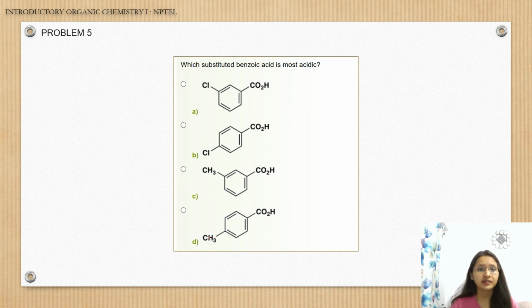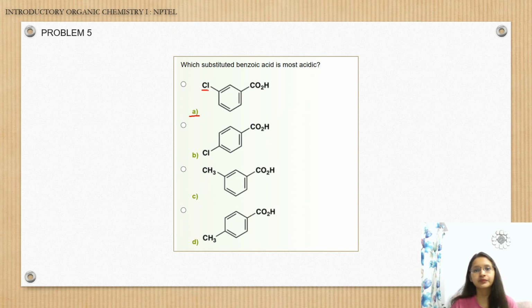So here, if you see all the four benzoic acids, we are examining each benzoic acid one by one to judge the acidity. Okay. So here, in the case of option one, this benzoic acid, the chlorine is attached at the meta position. So what happens? Now this chlorine, as I have told you, is an electronegative atom.